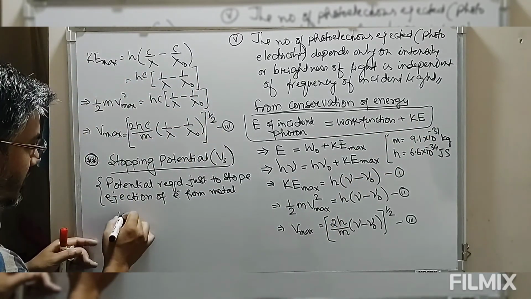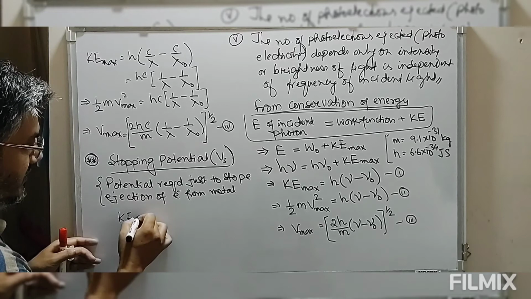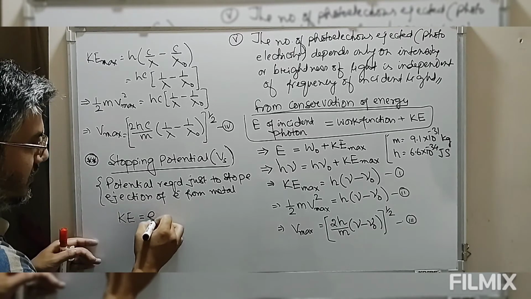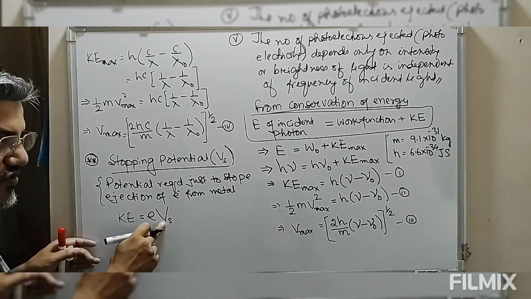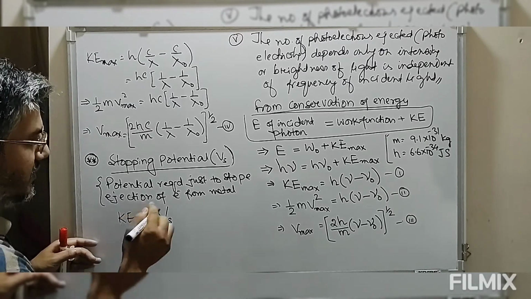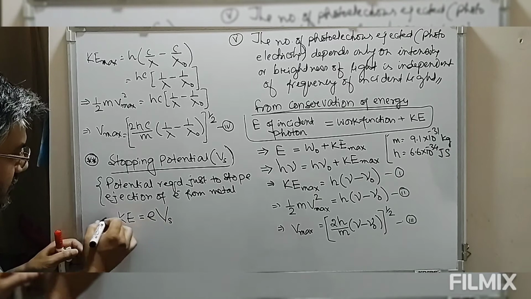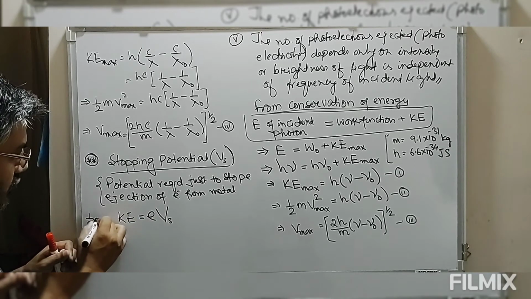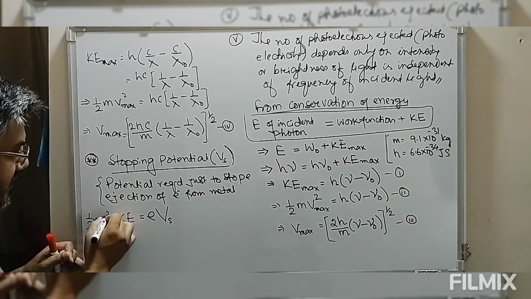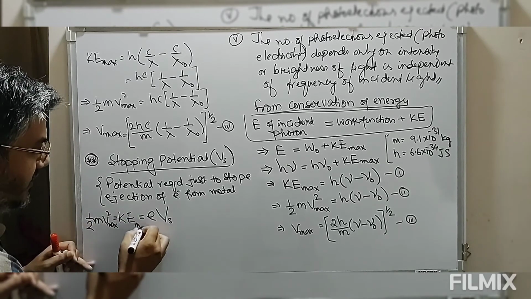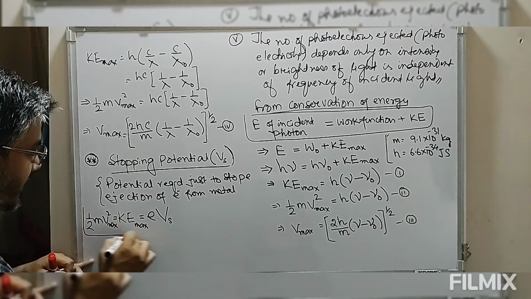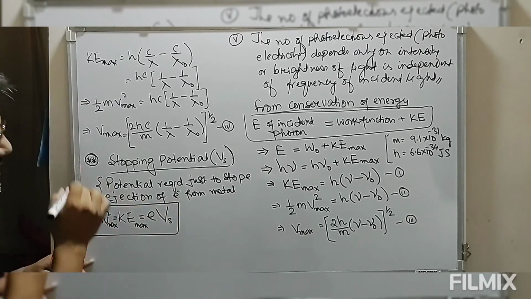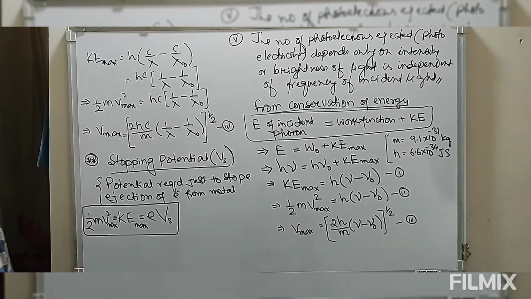Therefore the kinetic energy is equal to e Vs. Why? Vs is the stopping potential and e is the electronic charge, so the kinetic energy, which is half m v maximum squared, the maximum kinetic energy, equals e Vs. So sometimes the stopping potential may be given to you.